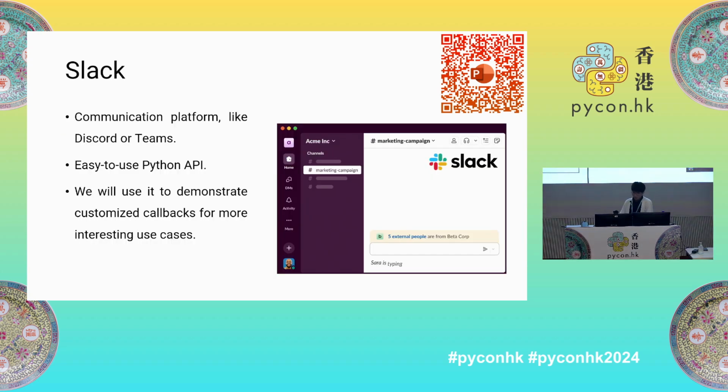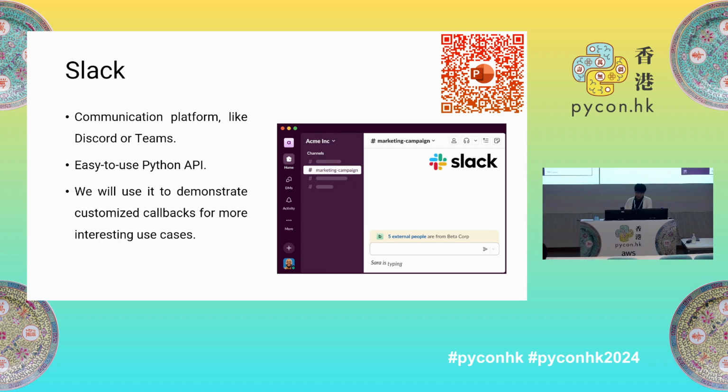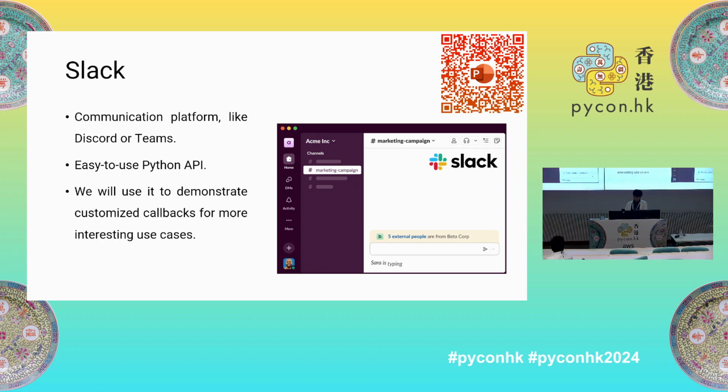Here we add some content for more advanced customization in PyTorch Lightning. First, we introduce Slack, a communication platform just like Discord or Teams, and it offers an easy-to-use Python API. We'll use Slack to demonstrate how we can create customized callbacks in PyTorch Lightning for more interesting use cases, such as sending a notification when the training has finished an epoch.